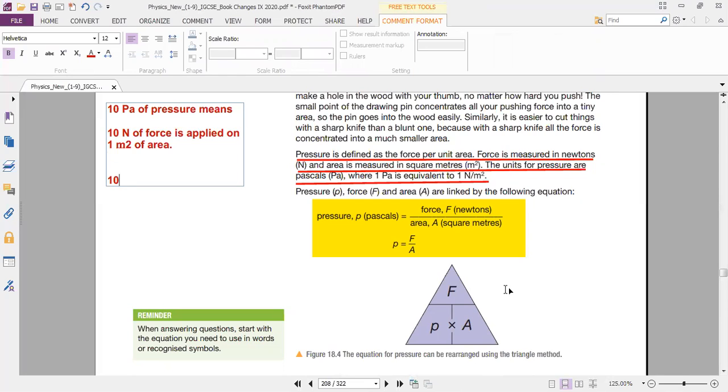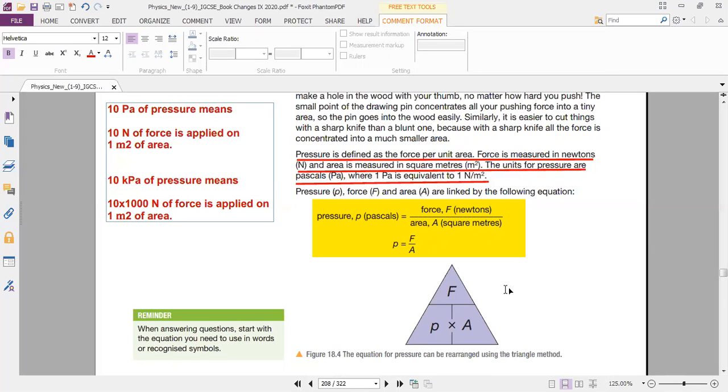What would it mean by 10 kilopascal of pressure? 10 multiplied by 1000 Newton of force is applied on 1 meter square of area. All right.